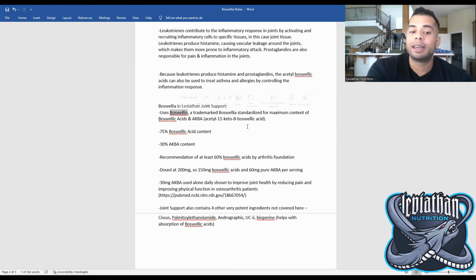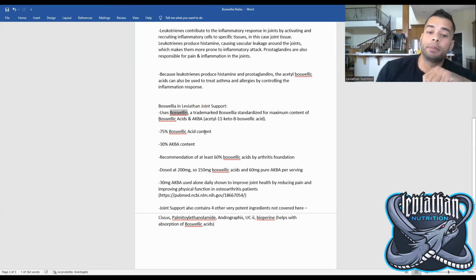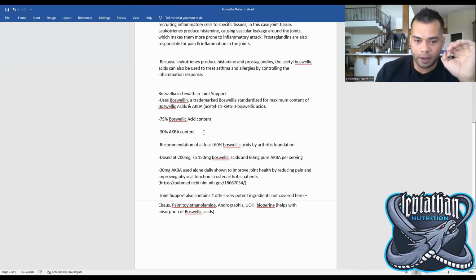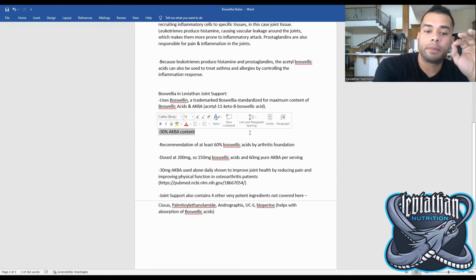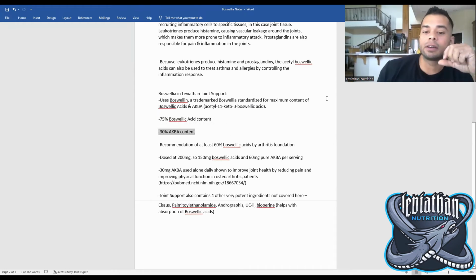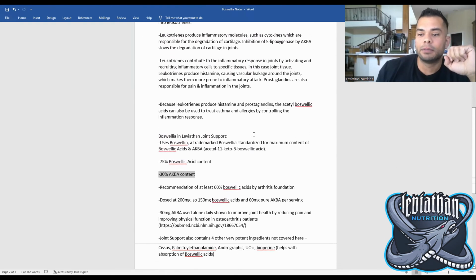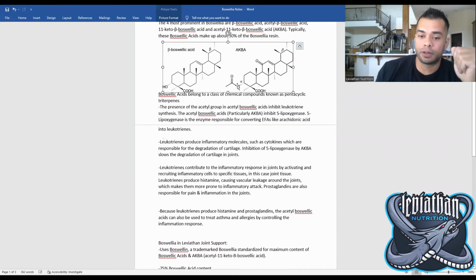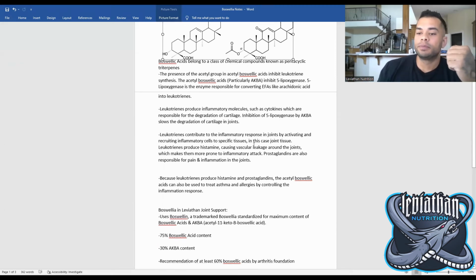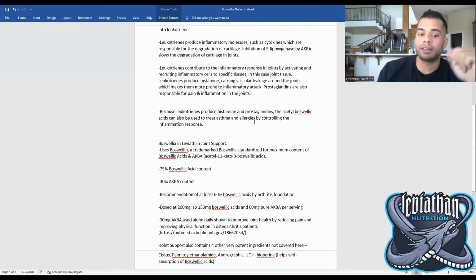Well, Boswellin contains 75% boswellic acid content, going above and beyond that level. And out of those 4 boswellic acids, 30% of that 75% is composed of pure AKBA. That is that molecule that I showed earlier with the acetyl group, for its function of inhibiting that 5-lipoxygenase, slowing down the degradation of cartilage, preventing that production of leukotrienes.